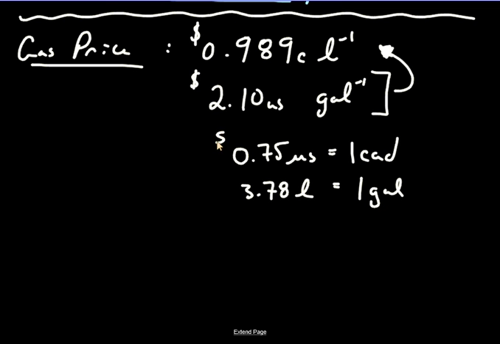Okay. So with that information, you should be able to take this gas price, which was a gas price I looked up the other day for Minneapolis, all right? And you should be able to work that out and convert that into Canadian thinking. How many Canadian dollars is that per liter?